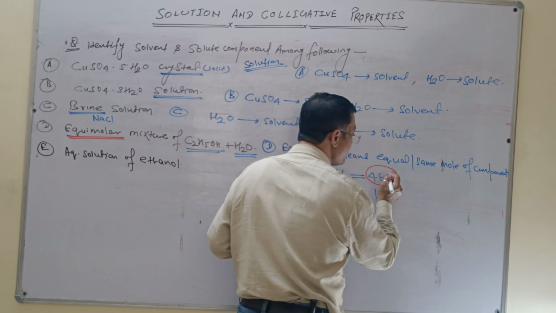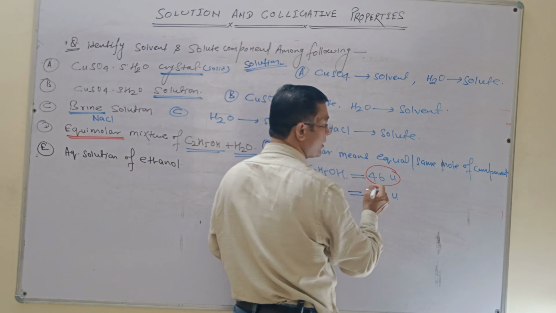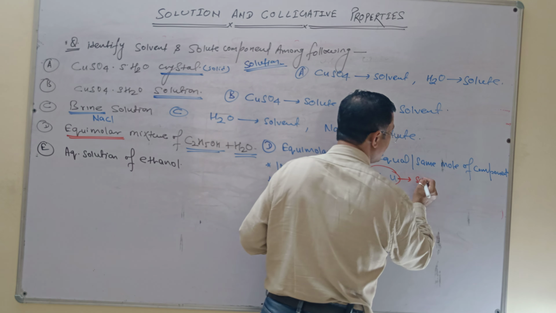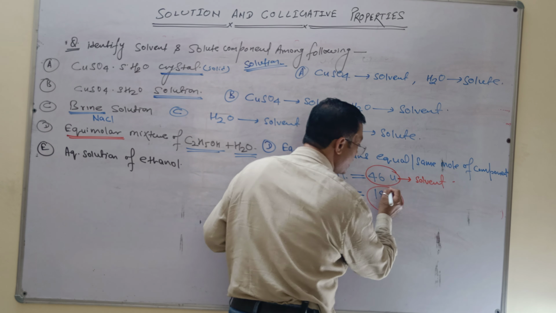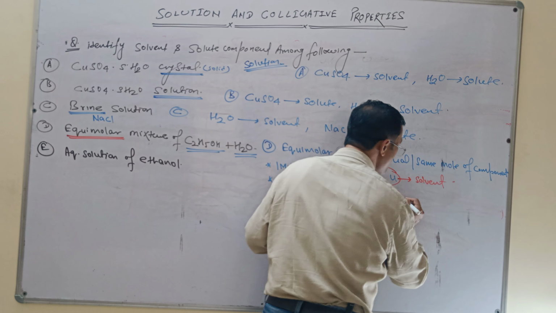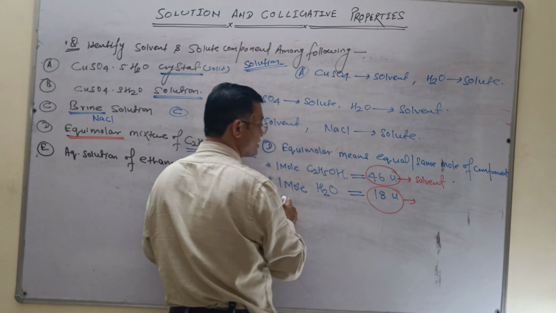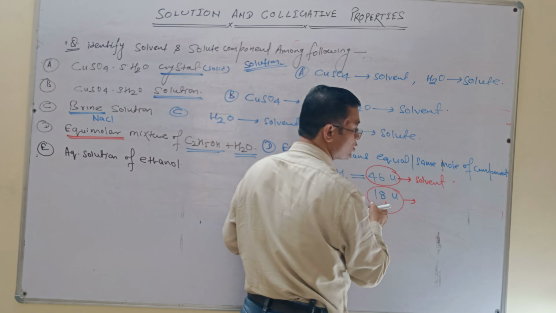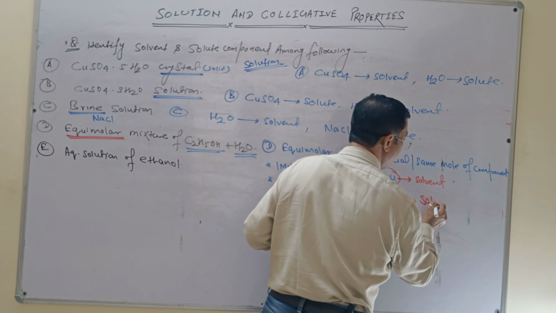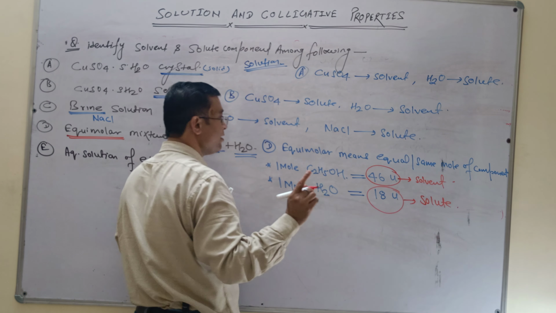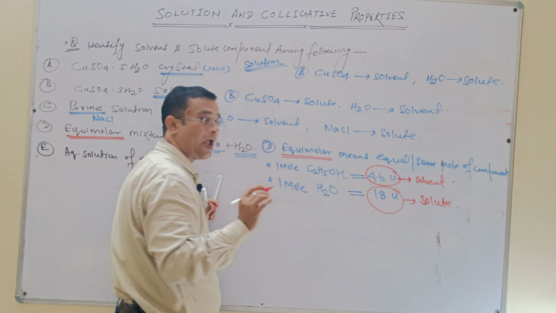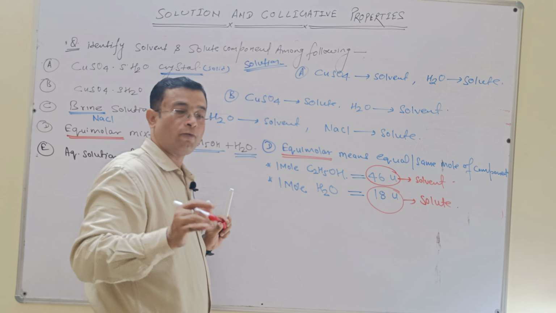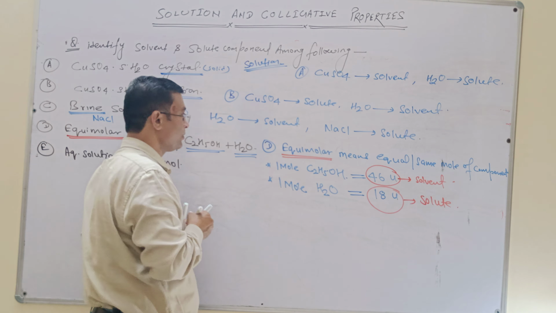Therefore, because ethanol has the higher, greater molar mass, it will behave as the solvent, and the other component, having the same number of moles but the smaller, lower molar mass, will behave as the solute. And always please remember, this concept is applied when they have an equal number of moles.